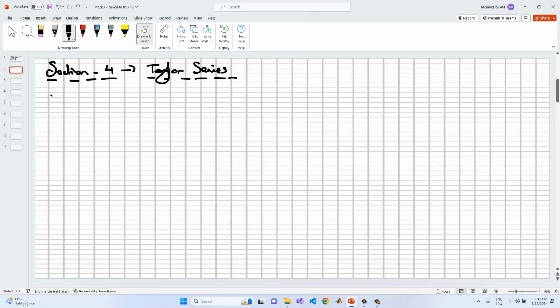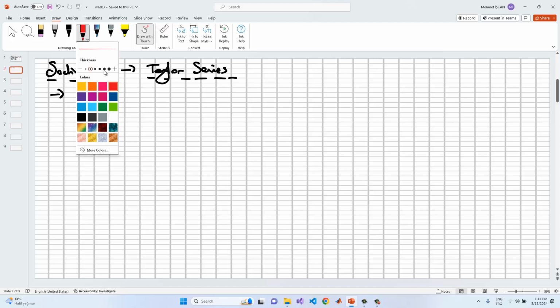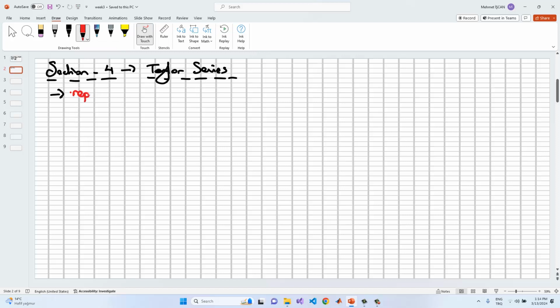And so the Taylor series can be assigned with this representation of infinite roots, in this case series, for any function, right?